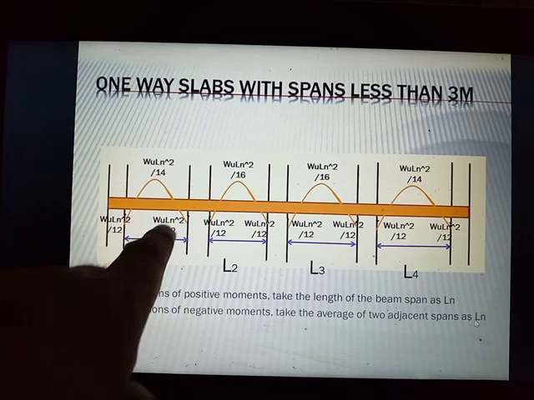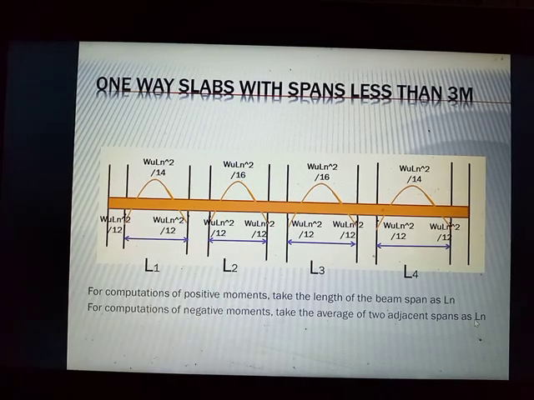So for this one, ln, you use the average of L1 and L2 for each side of this support, and the same will apply to the other interior supports in the computation of their negative moments on each side, whether left or right side. You take the average as long as it is the negative moments on the sides of the interior support. Okay, so I hope we understand each other now.